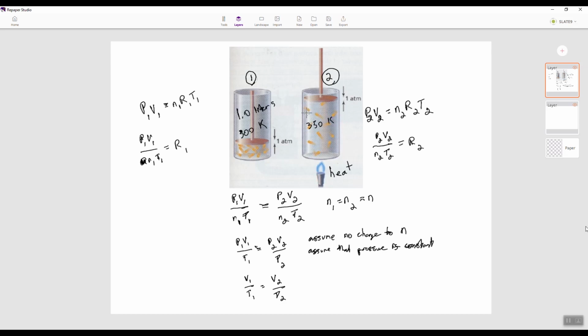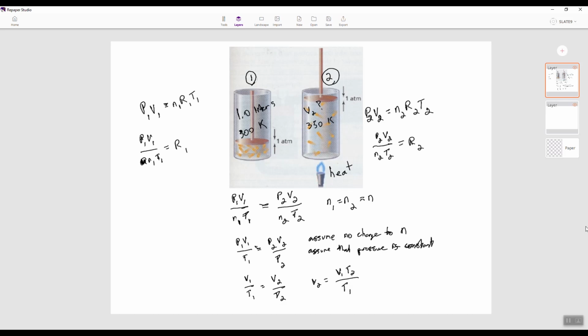We should be able to calculate the new volume that it is going to take up. We should be able to calculate V2. So manipulating our equation down here, we know V2 would be equal to V1 times T2 divided by T1. Just doing a little algebra to get the V2 alone.